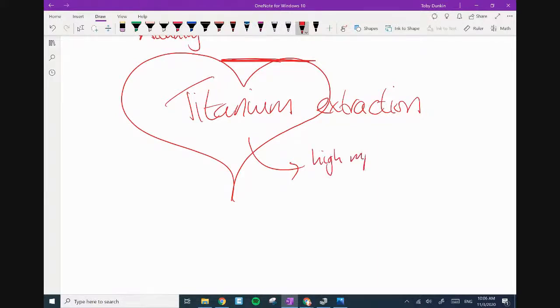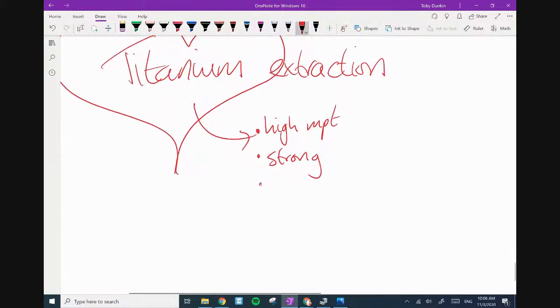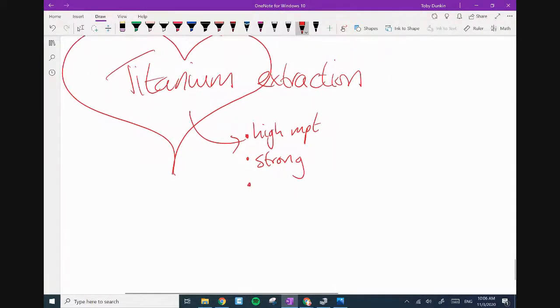It's also crazy strong, stronger than iron. But in fact, its top property, similar to aluminium, is that it doesn't rust. It's corrosion resistant.